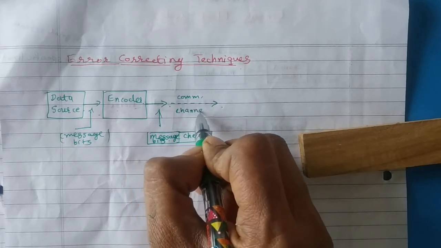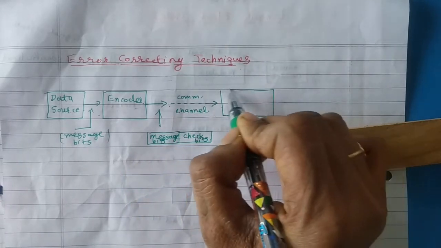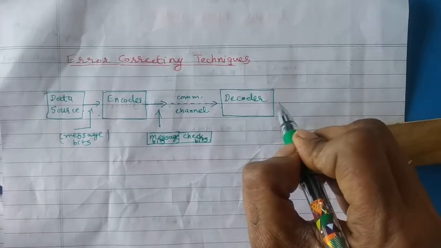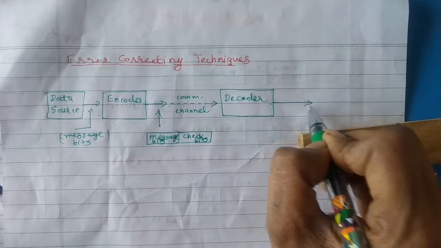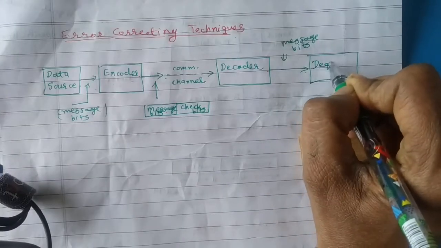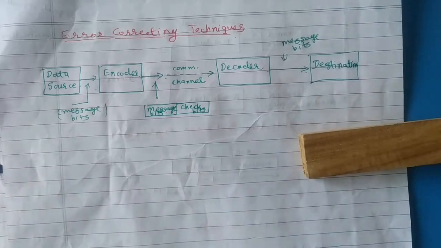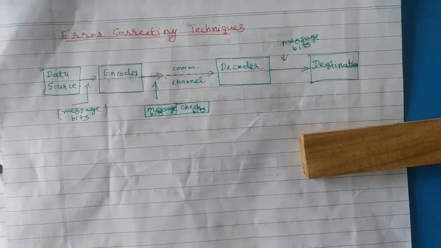Now at the receiver side, when we decode the message, we separate the data bits from the check bits. At the destination, only message bits will be received. So that is the general error correcting technique.